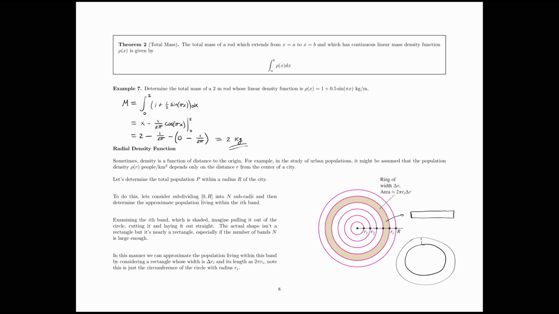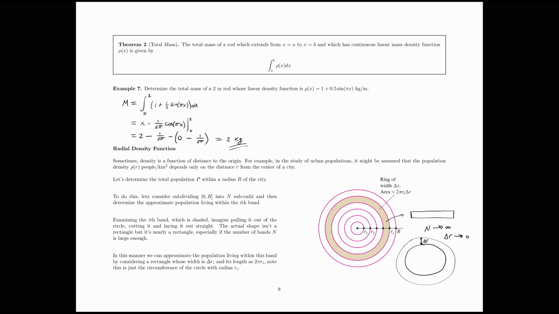And you could actually compute this. And again, this distance, this separation delta r, is not a large thing. With a sheet of paper, that would be a really big difference in delta r. But mathematically, we're going to send n to infinity, so delta r will approach 0.